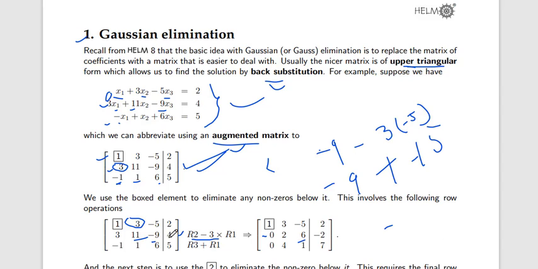Here we will get 6. We also do this operation for the last entry: 4 minus 3 multiplied by 2. 3 into 2 is 6, and 4 minus 6 is equal to -2. Okay, so now the first operation is done.